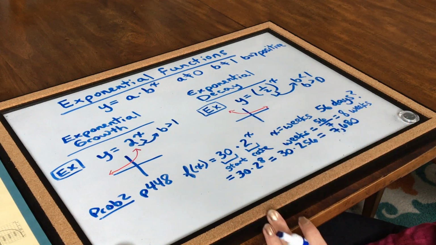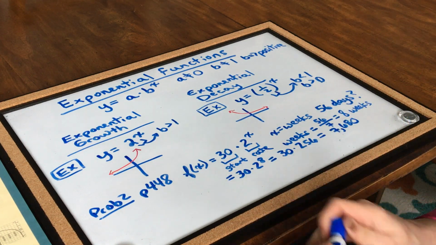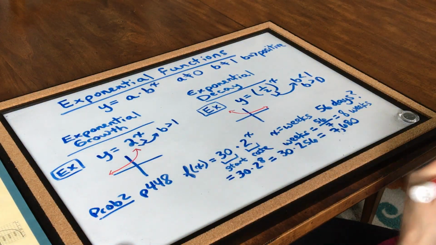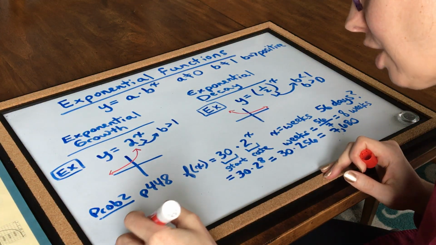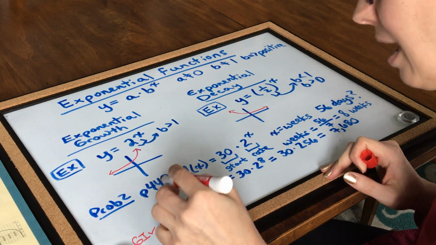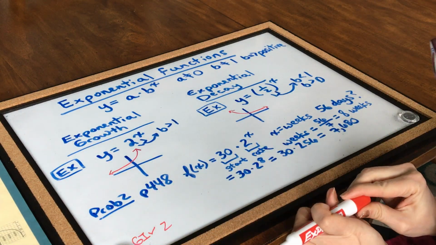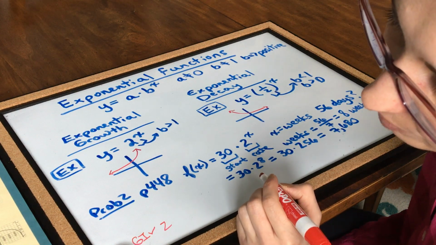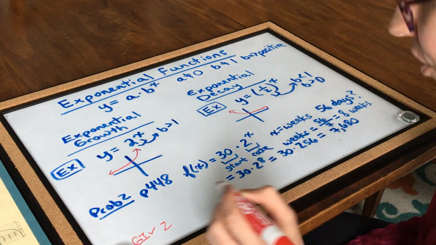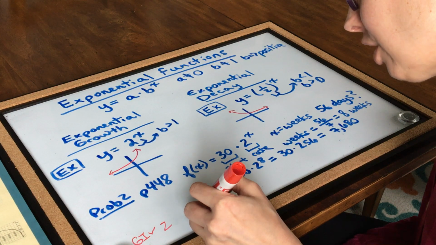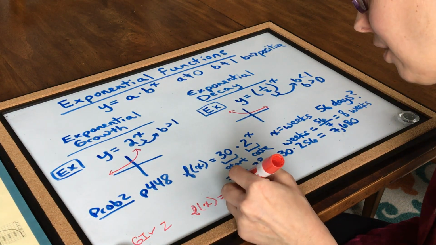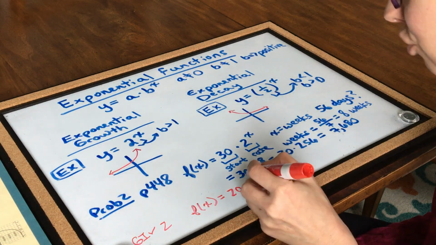So, time to try our Gotta Check. Our Gotta Check is problem number 2, also on page 448. It says an initial population of 20 rabbits triples every half year. So our function has an initial population, our start value, of 20 rabbits, and it's going to triple.